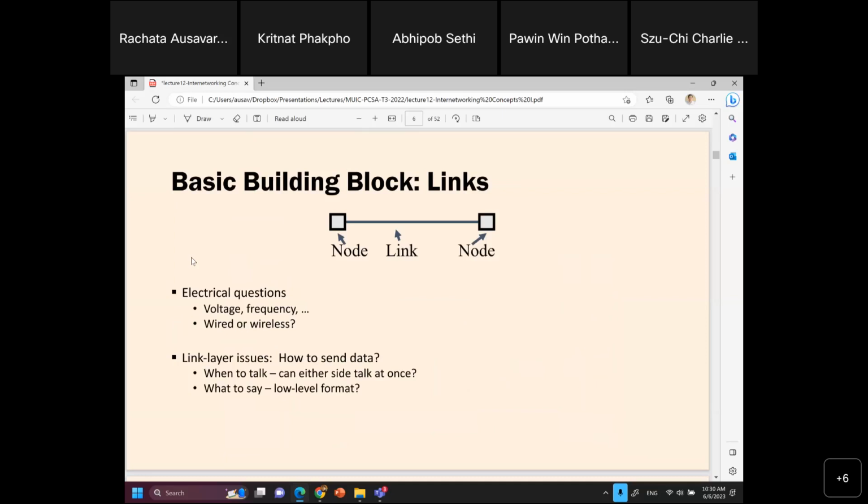Now, with the air, you can talk, I can talk, and we can all talk at the same time, right? So a design issue again: do you want to have a link layer that allows both sides to talk at the same time? Or one side talks and listens to the other, and then the other side responds. And what should be the low level format of your information? Okay.